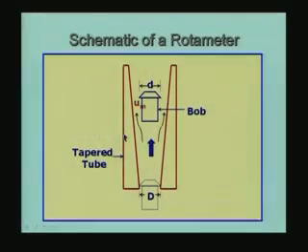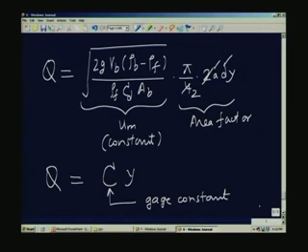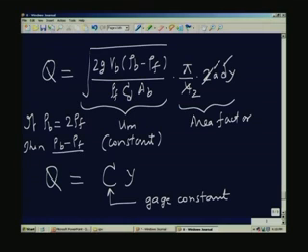And you will also see that if I go back to that equation, you have Q equal to square root of 2g Vb into rho b minus rho f divided by rho f, and imagine rho b equal to twice rho f. If rho b equals 2 rho f, then rho b minus rho f divided by rho f will become 1. Then this becomes equal to 1.